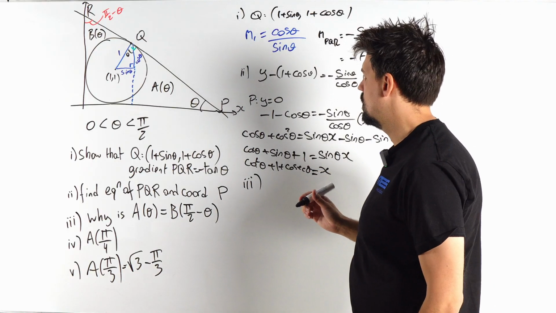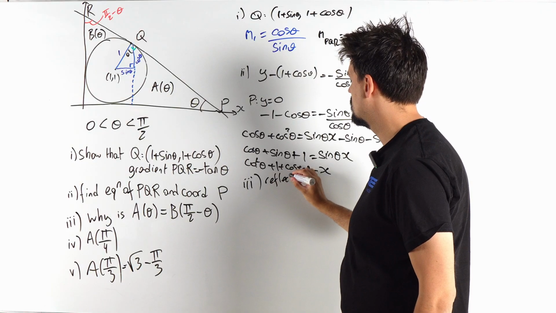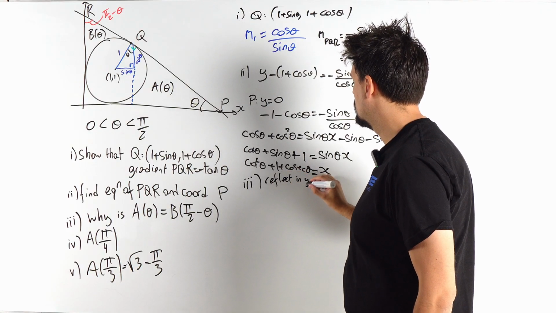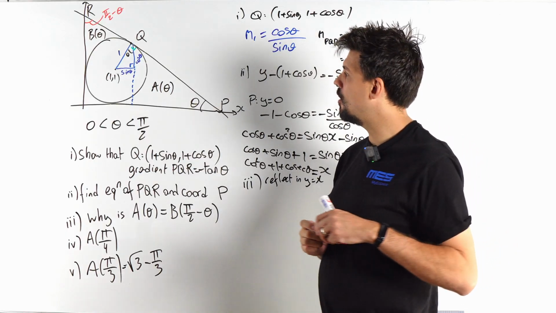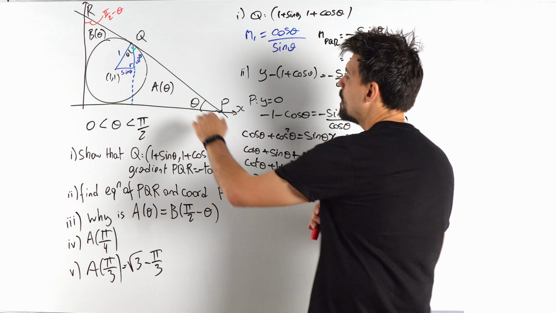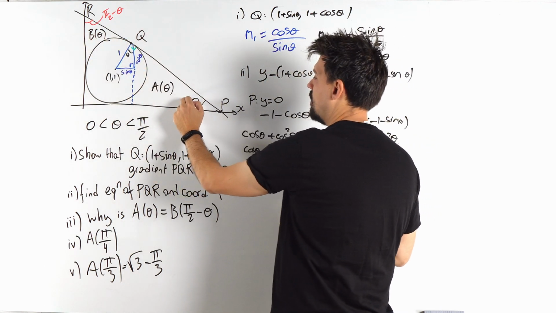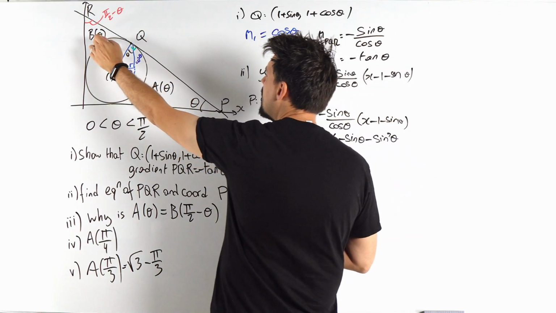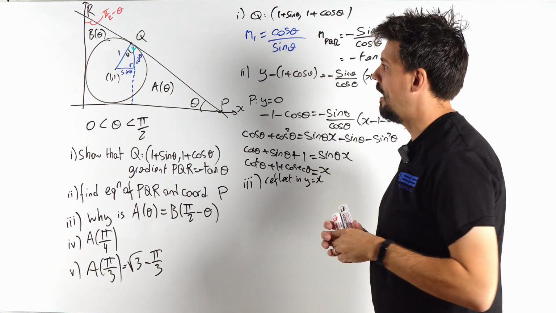So if we reflect the whole thing in the line y equals x, my A of theta goes up here, my B of theta comes down here, but then that is B of pi over 2 minus theta, and that will equal A of theta.